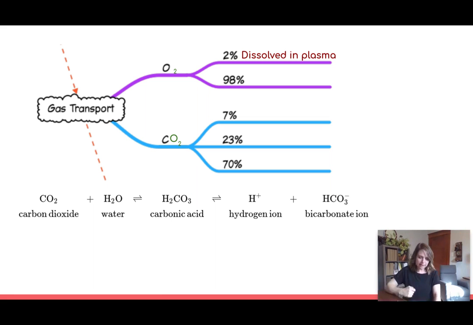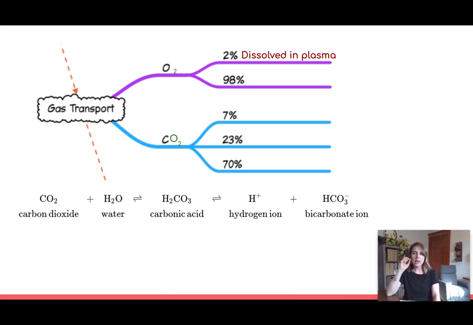So if you haven't already, I want you to write O2 and CO2 on our 2 branches of the gas transport. We're going to talk about how, when it's in the bloodstream, what the gases are attached to, or what form it is in as it's traveling about.